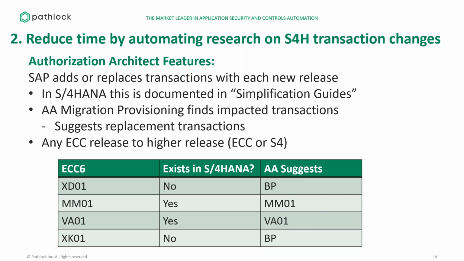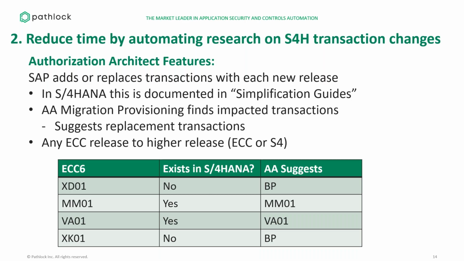Another area that we can look at is reducing the time on researching what's changed in S/4HANA. So SAP in any new release adds and replaces transactions. Usually it's pretty addressable in common releases, but in S/4HANA there's a huge reduction or change in transactions.